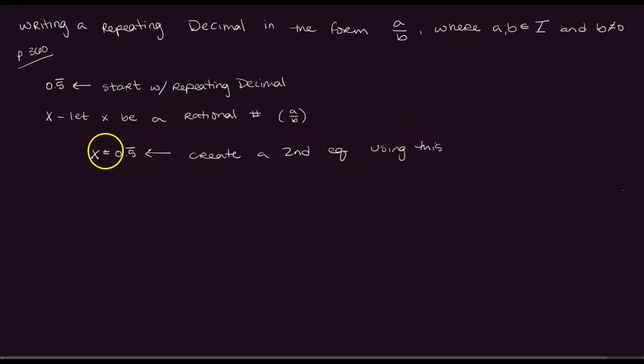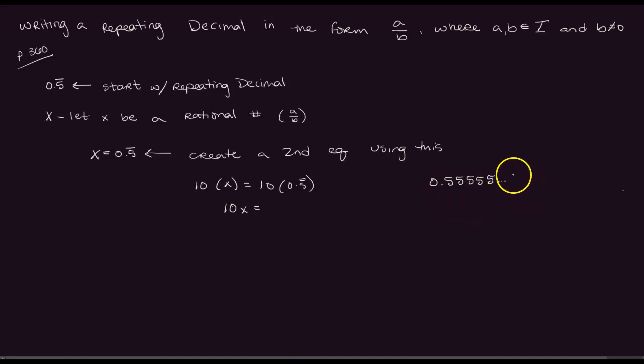For example, I can multiply this equation by 10 on both sides. And that's going to change the equation to look like 10x equals 10 times 0.5 repeating. Well, remember that 0.5 repeating is this number.